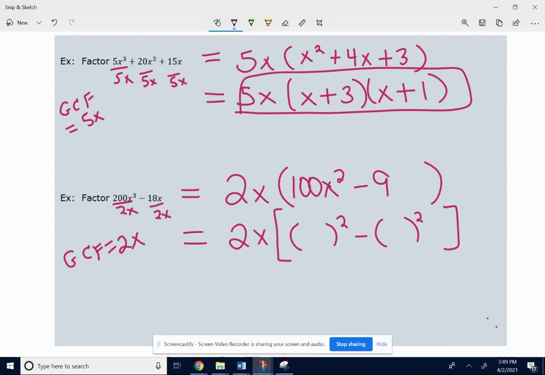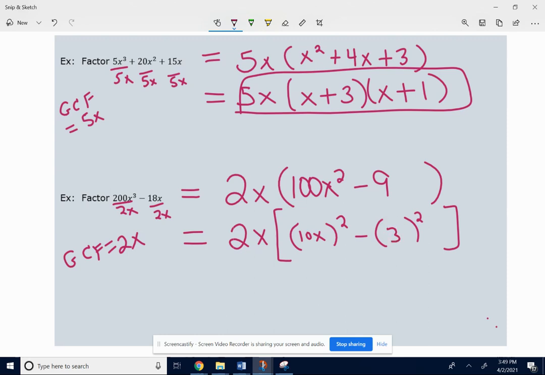Can we think of something squared that gives us 100x to the second? That'd be 10x. 10x times 10x would be 100x squared. Can we think of some number times itself that gives you 9? 3.